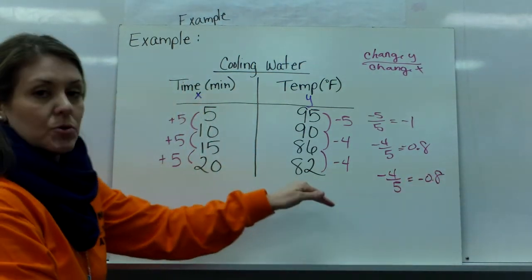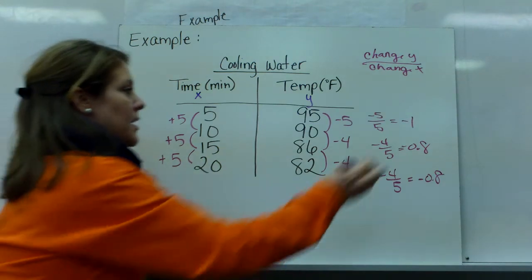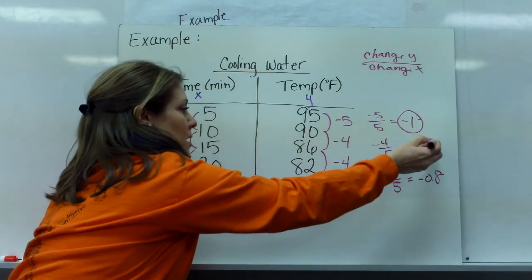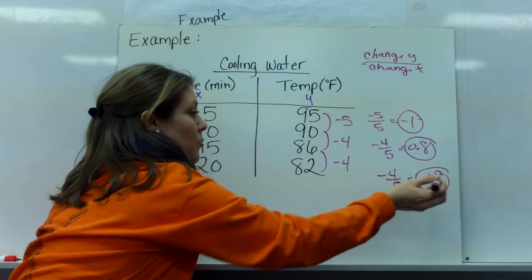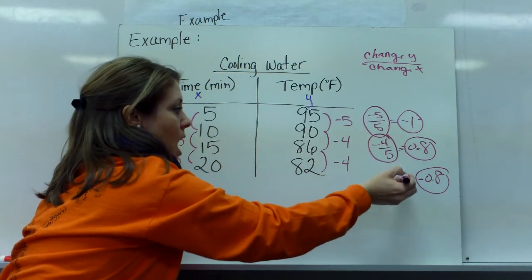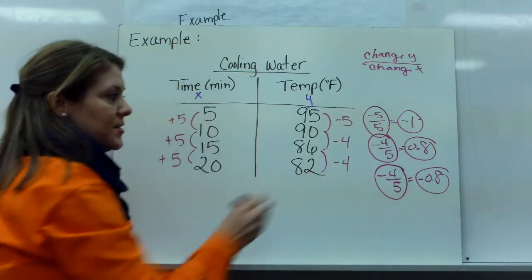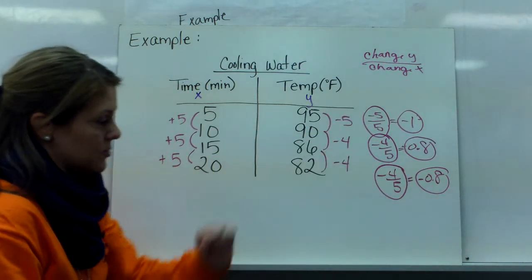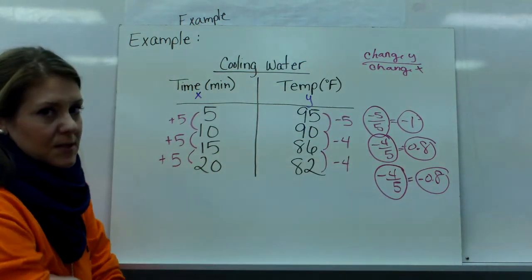What you want to observe from this table is that these three ratios or rates of change are not all the same. You have two that are the same, but that's not going to make a difference.